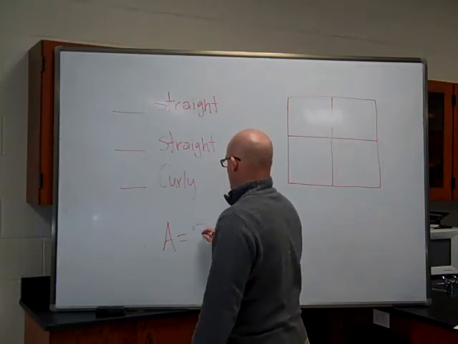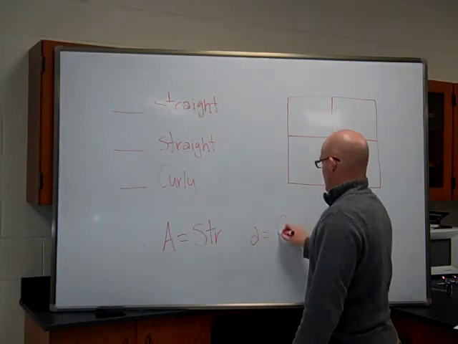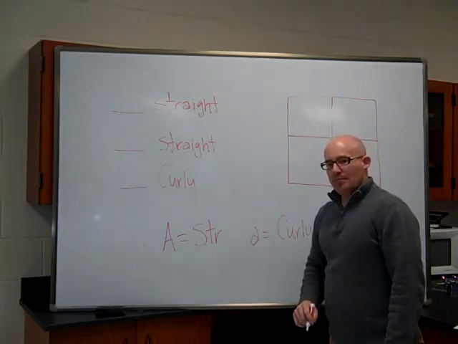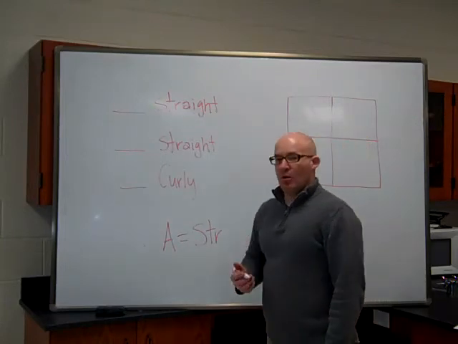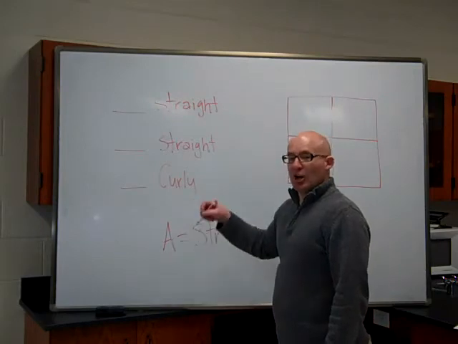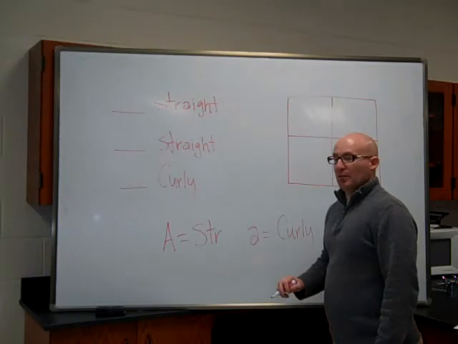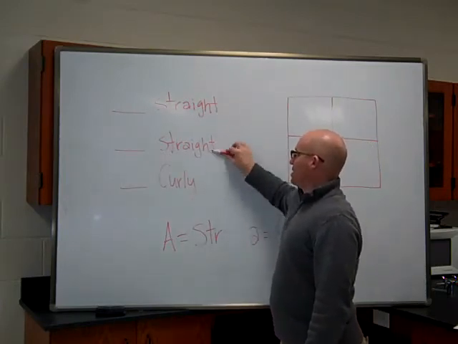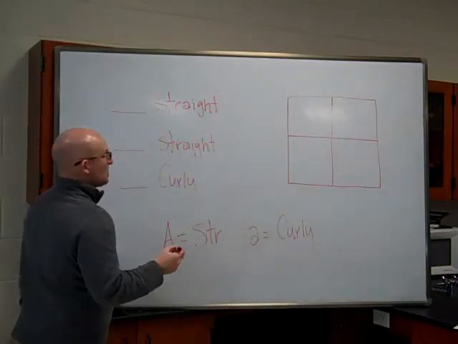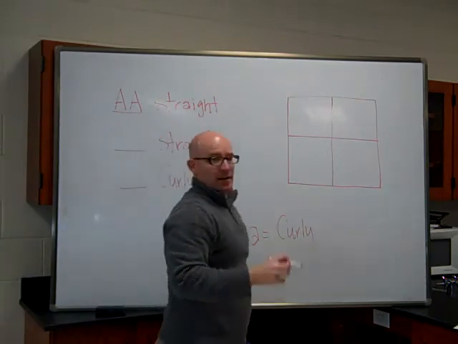A equals straight, little a equals curly. The reason I know this is because my big A usually represents the dominant allele, and the little letter represents the recessive allele. It shows me which one is dominant and recessive here. The way it worked on the last one, this is going to be 2 large letters with straight hair.